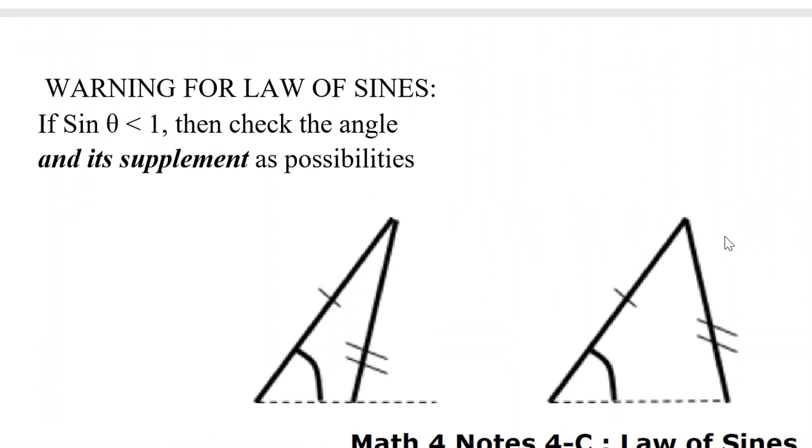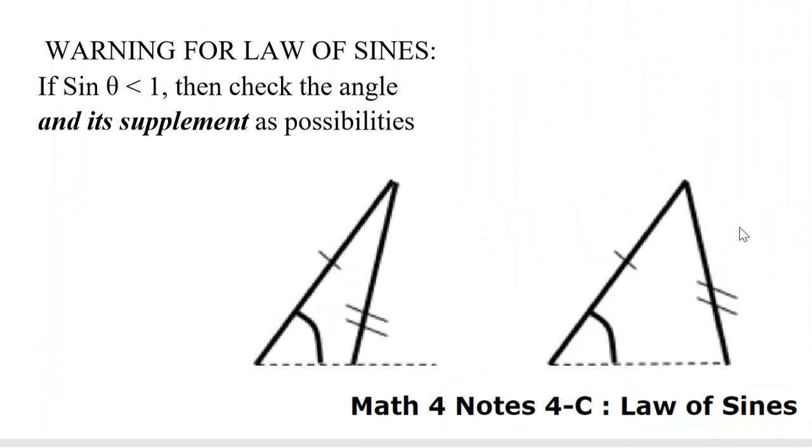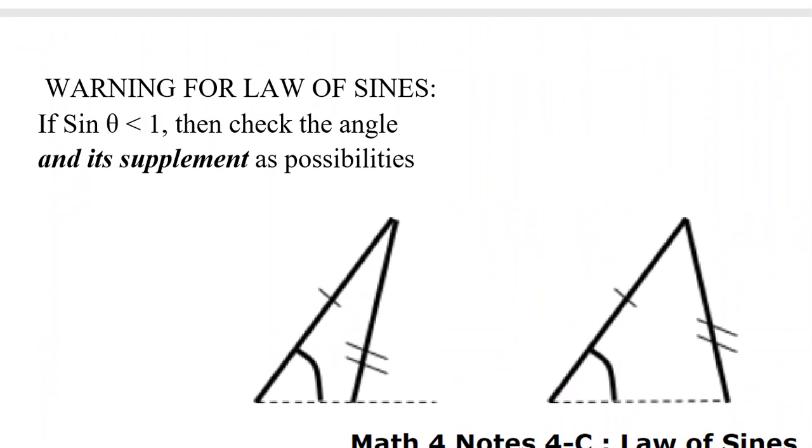But the thing you have to understand about this is that when you have an angle and two sides like this, there are actually two possible ways that you could draw the triangle.